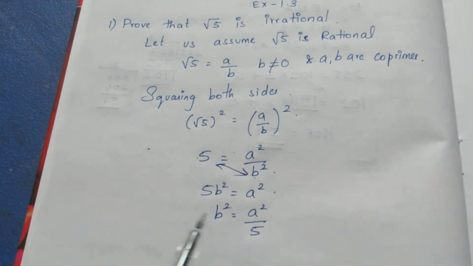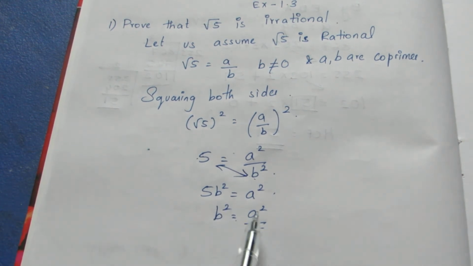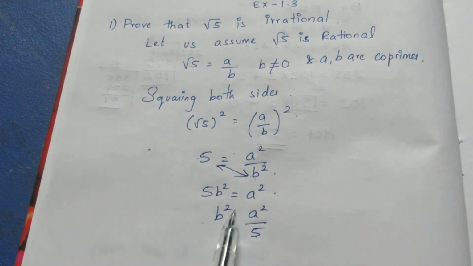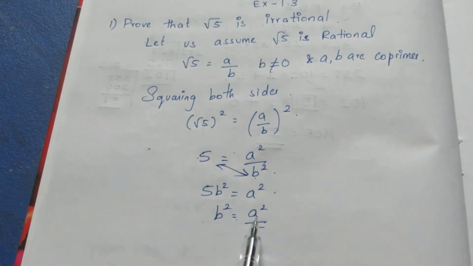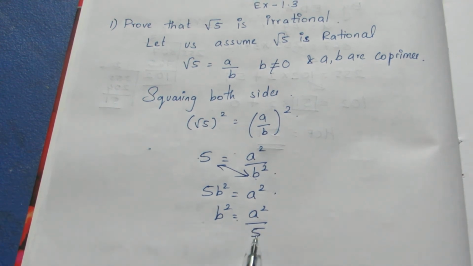Now see the number, b square is equal to a square by 5. Here it is a whole number or an integer, whatever you want you can take this to be. There is no denominator, there is no by anything. That means it is a complete number. This means that a square will be divisible by 5.